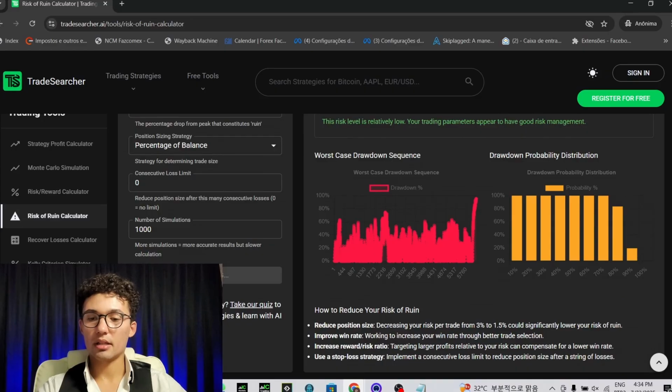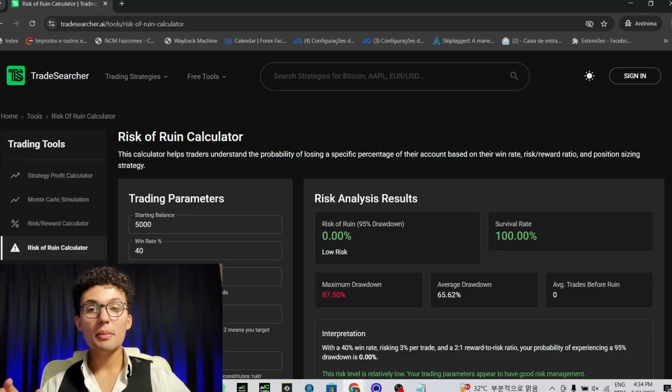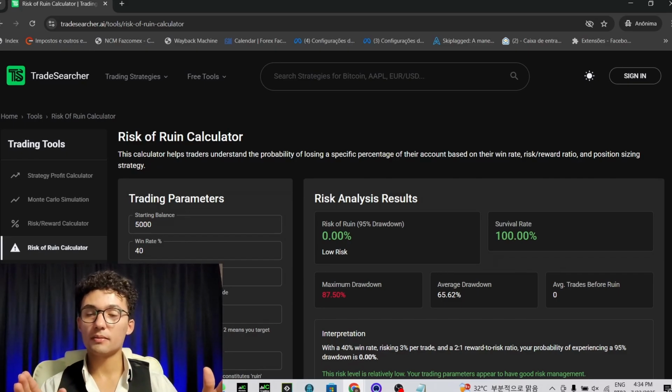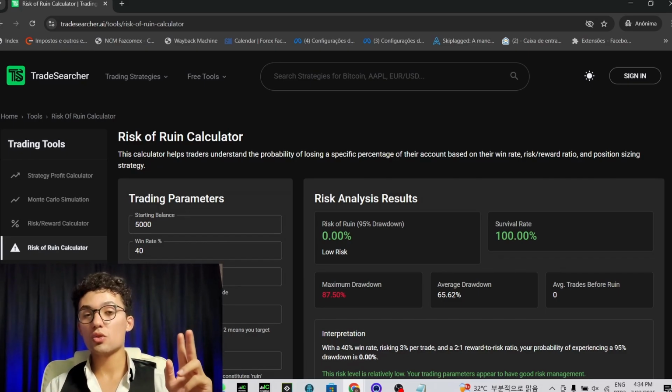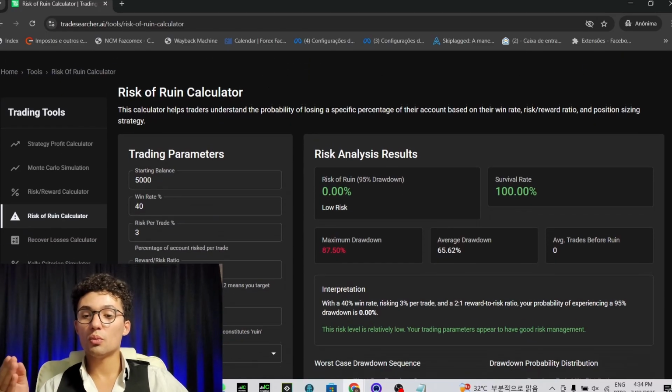And then we can make the calculation here. And the risk of ruin is 0. What does it mean, 0? It means that if you have a strategy with 40% win rate, with at least 1 to 2 risk return, and you're risking per trade 3%, here it says it's impossible to blow your account.